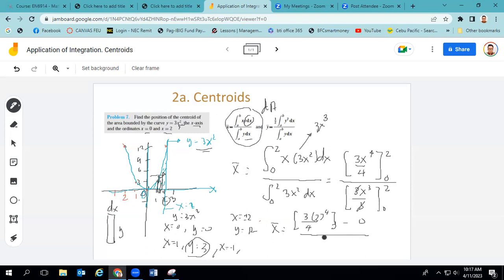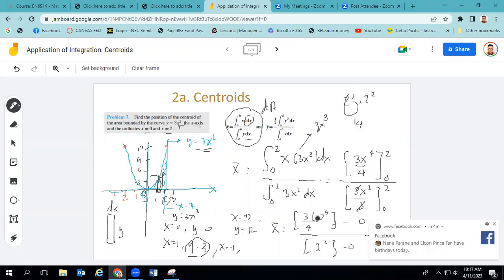And then at the bottom, you have just x cubed, 2 cubed, minus 0. 2 to the power 4, so that you avoid using a calculator. It's just like this, 2 and 2 is 4. This one is 4, so you can cancel out 4 here.